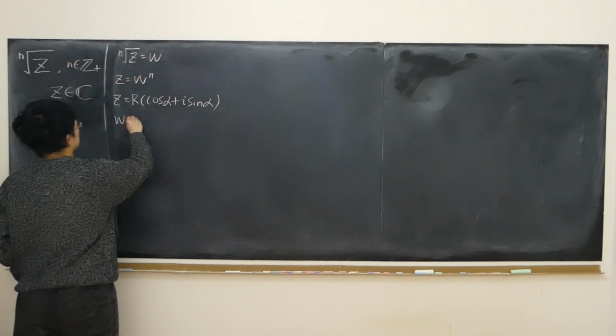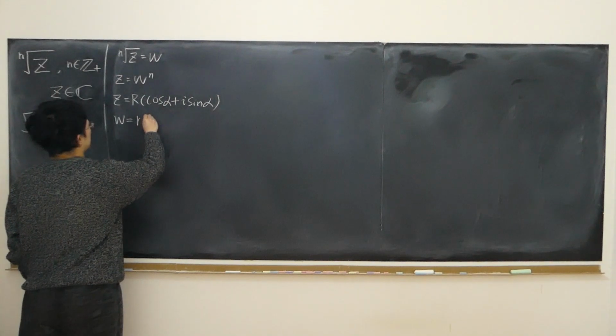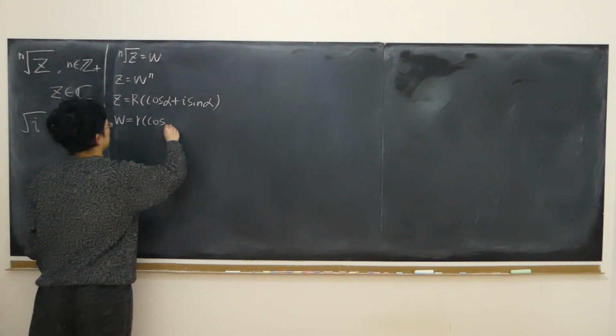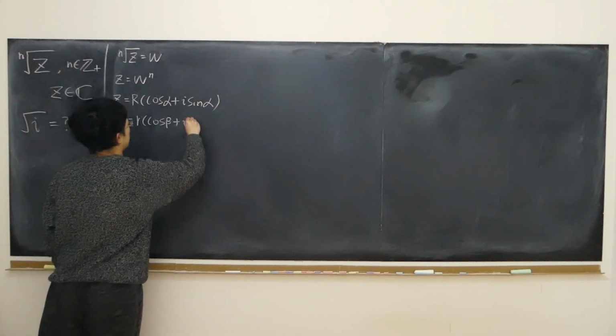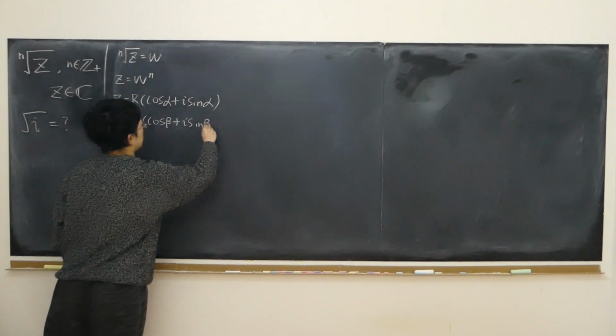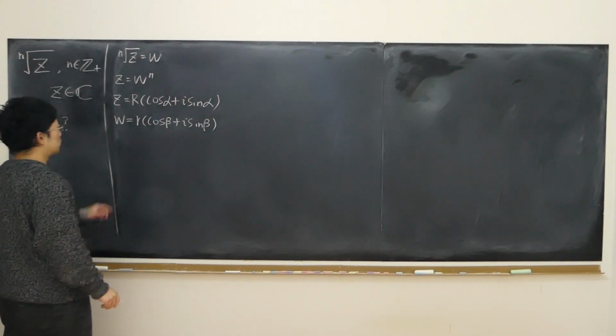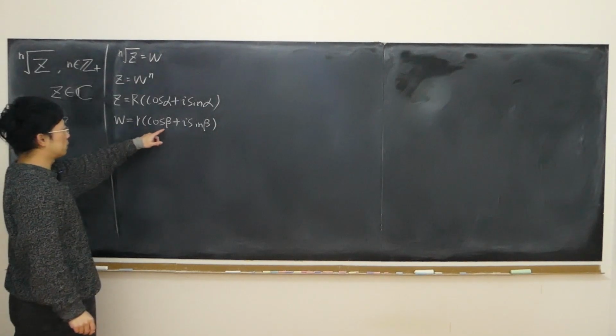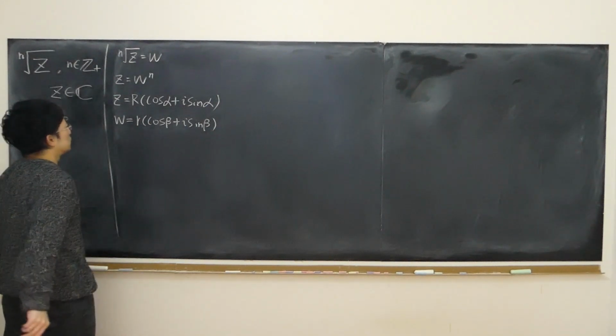And if we rewrite w as little r times cosine beta plus i times sine beta, likewise little r is the modulus of w and beta is the angle of w.